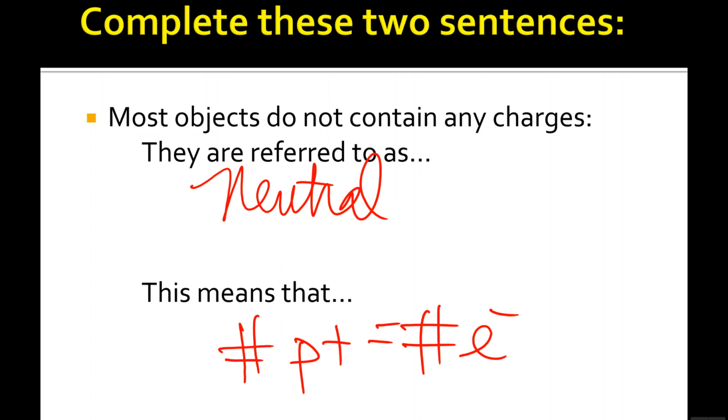What is another way of saying this statement? That the number of protons is equal to the number of electrons.